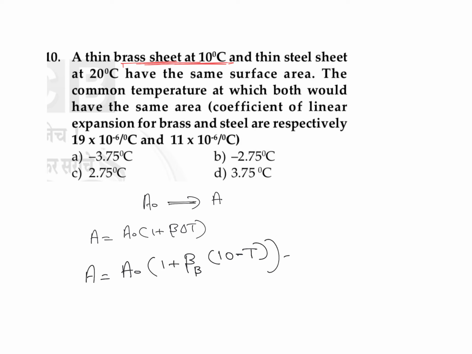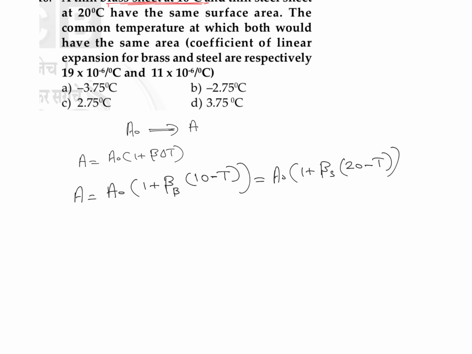So we can write this as equal to A naught into 1 plus beta of the steel rod into delta T. Now the temperature of steel is at 20, so the difference in temperature is going to be 20 minus T. While solving this, we can find the answer.